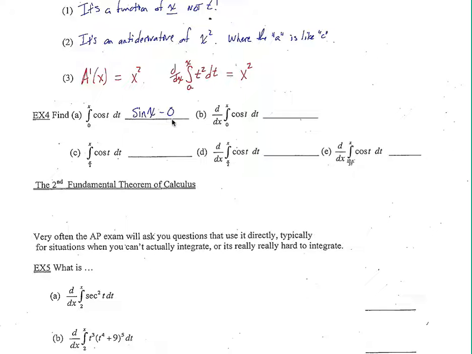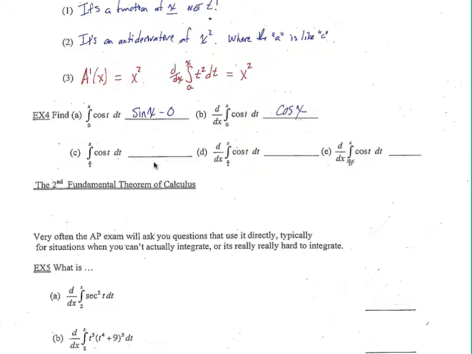Upper bound minus lower bound, antiderivative with the upper bound as the input, antiderivative with the lower bound as the input. The derivative of all of this is going to be the cosine of x. Again, this piece here, the integral, is really a function of x. When we take the derivative with respect to x, we get cosine x.